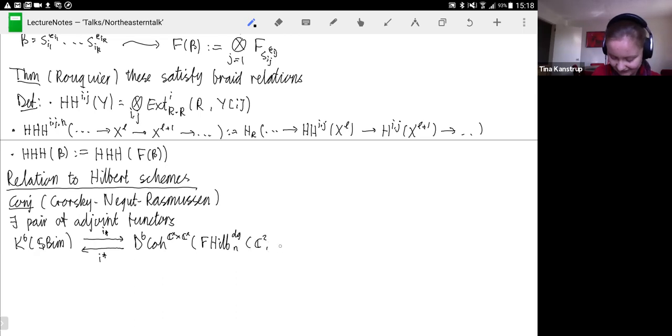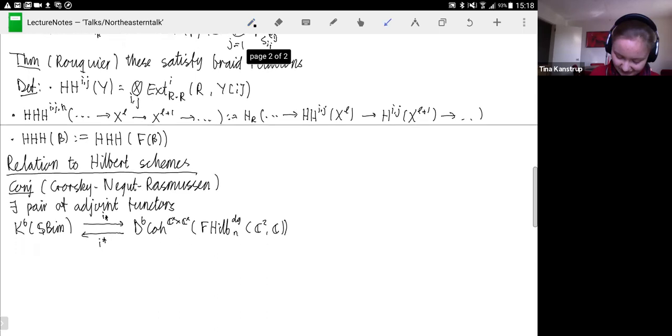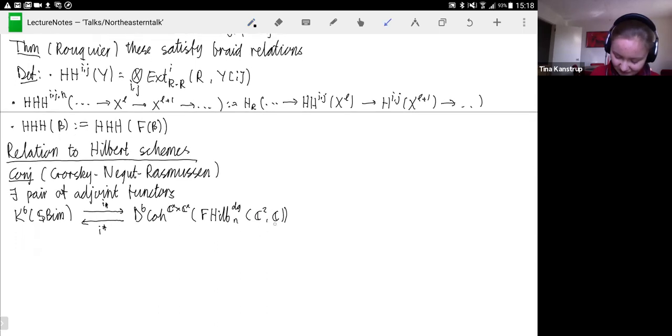I'll put this C2C, which is maybe not standard notation and doesn't appear in the paper, just to distinguish it from C, because it's not related to the Hilbert scheme of C. So, okay, I'll write up the condition, and then I'll tell you what this weird thing is.